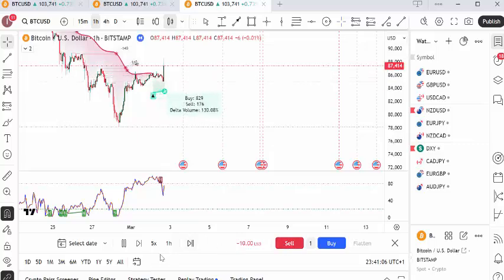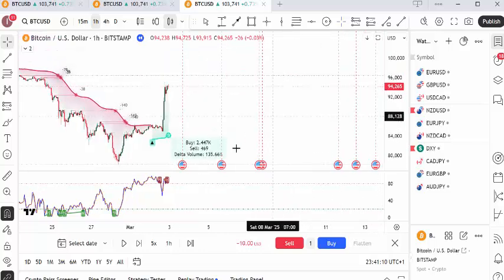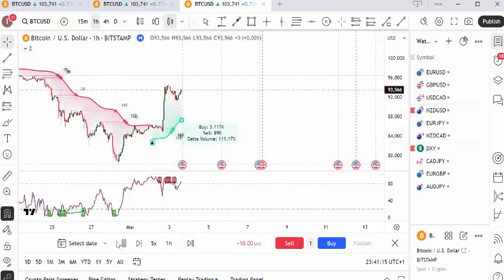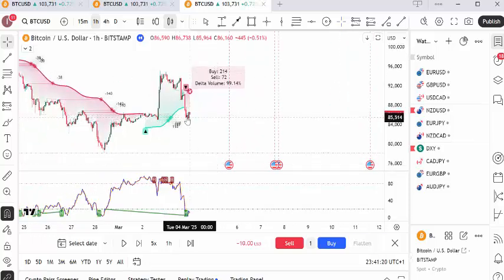Nothing. Market is bullish. Okay, so look, market is bearish right now, so we're not taking.